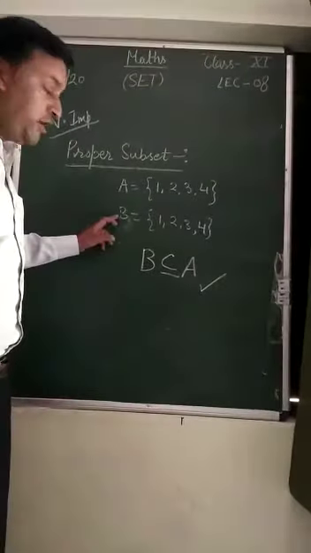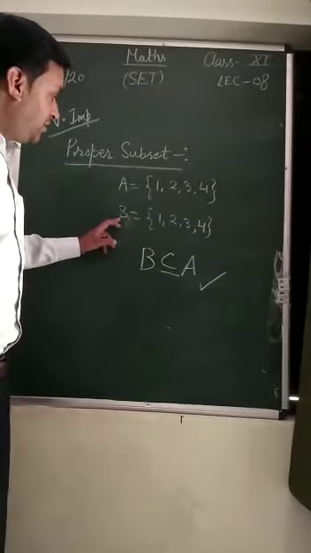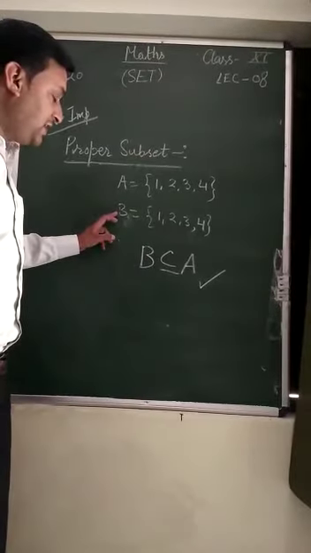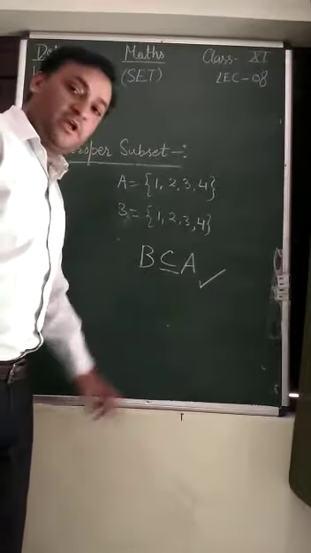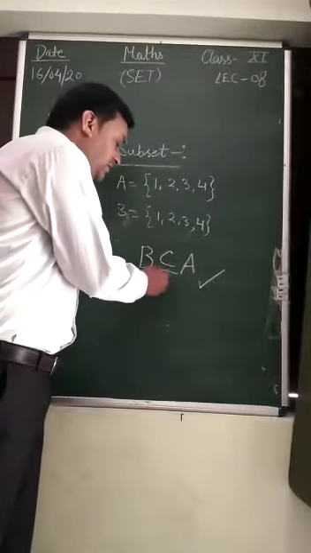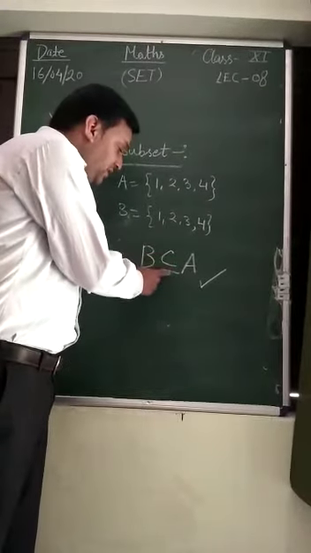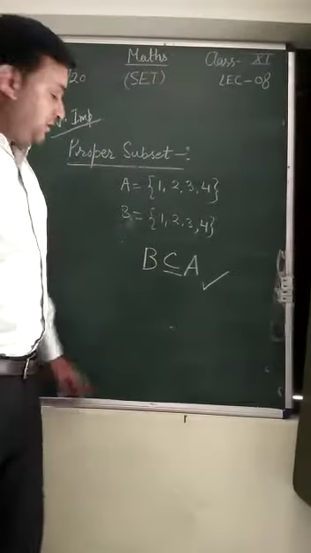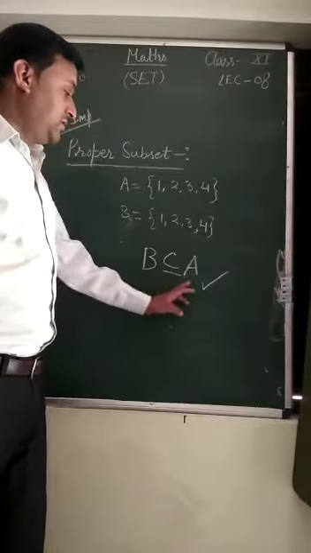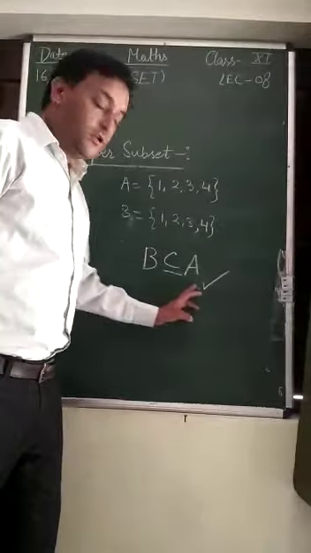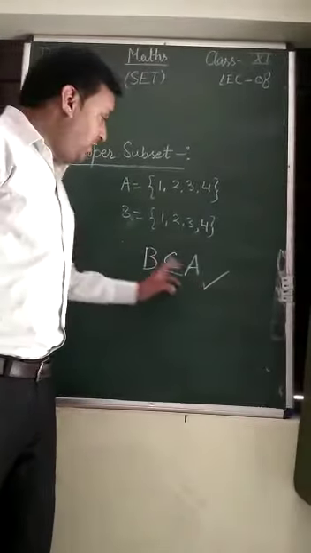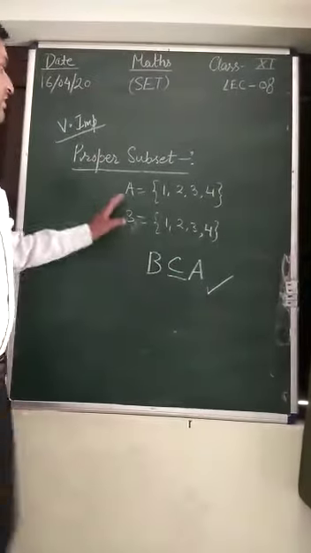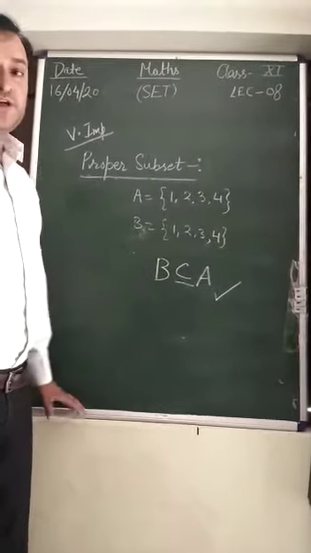If A and B are not equal, then we can say B is a proper subset of A. But as A and B are equal, we can say B is a subset of A, because there are two signs: one is subset and the second one is equality. If any one sign holds, then this holds good. So we call B a subset of A, but not a proper subset of A. Now students, from this example you understand the proper subset.